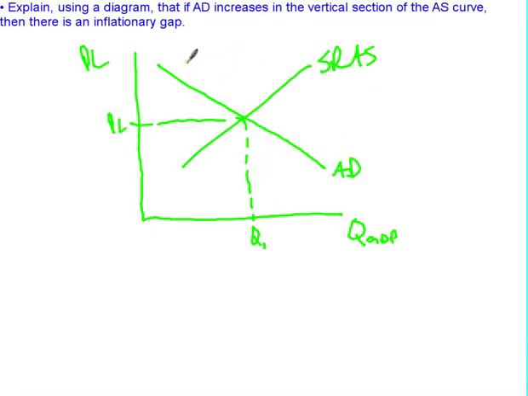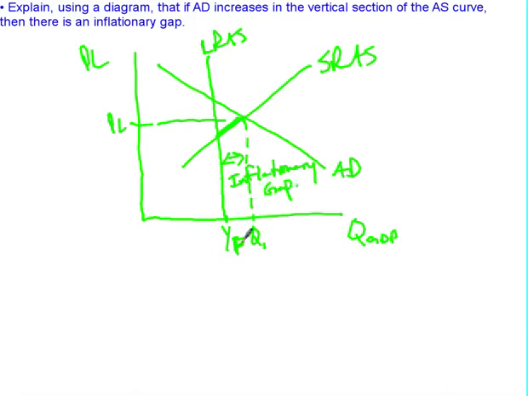If we're in an inflationary gap, we're going to put the long run to the left. So it's long run aggregate supply, that's our YF, our full employment level of output. We're operating now beyond the full employment level, and so we'll tend to see inflation start to kick up. This distance between these two would be considered the inflationary gap.